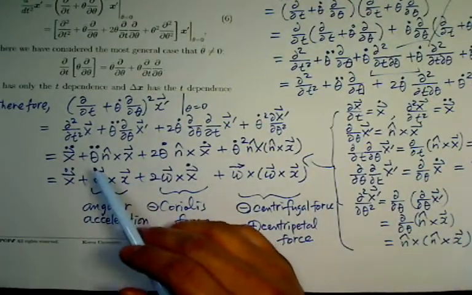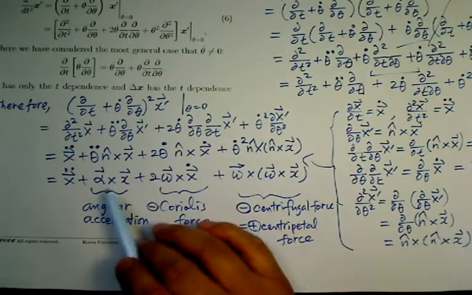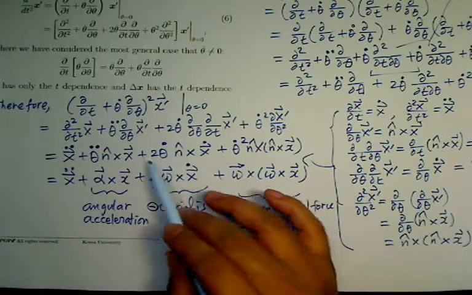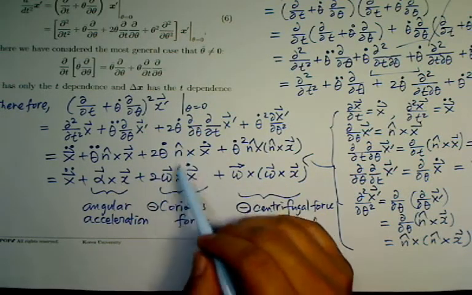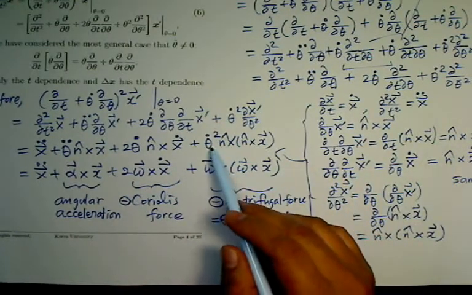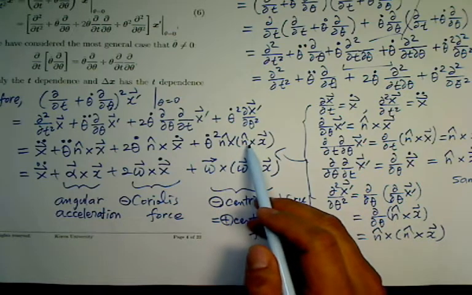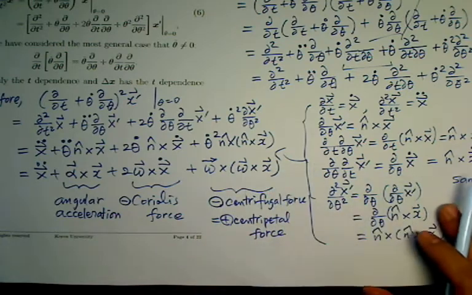If I substitute the double time derivative of the angle by the angular acceleration, and the single time derivative of the angle by the angular velocity, combining with the unit vector of the axis of rotation, the theta dot squared will be distributed over there and there, so omega cross x appears.